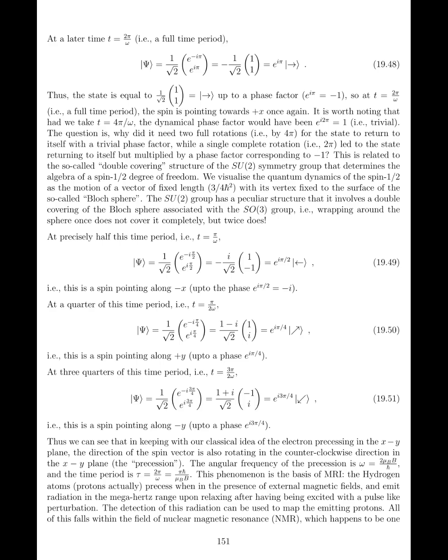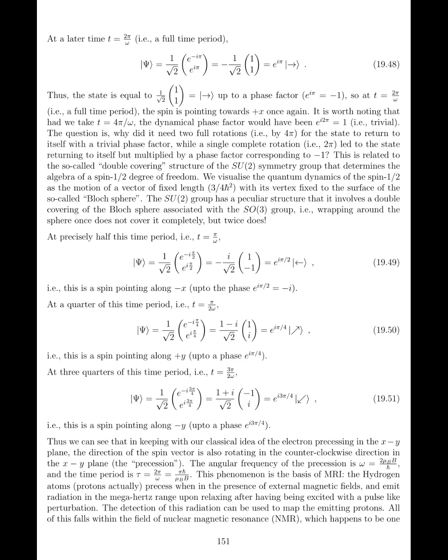Now it turns out that if you were to do a second round, 2 periods, not 1, which means you take a time period 4 pi by omega, then again you will come back to the spin pointing up, but this minus sign will have disappeared. It will come back to plus. So that's weird. Let's say I started with the spin pointing like this.